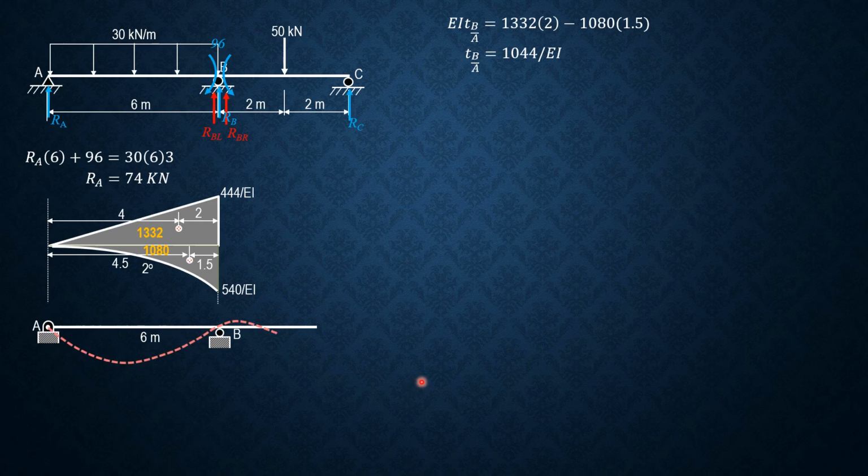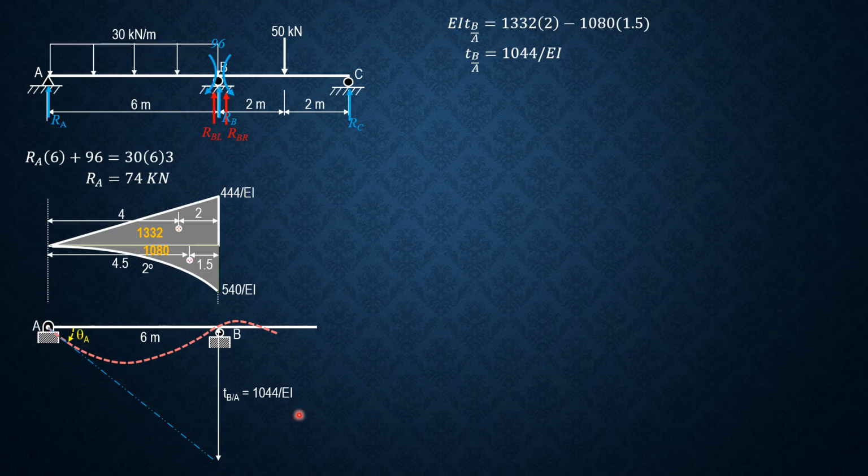Since it is positive, the point B on the elastic curve is above the reference tangent at A. So let's now draw the exaggerated elastic curve of the beam portion AB. We draw the tangent, so point B on the elastic curve is above the reference tangent at A. So this is the deviation of B relative to A, which is equal to 1044 over EI, and this is theta A. Since the tangent at A is rotated clockwise from the horizontal axis of the beam, and clockwise rotation is negative, therefore theta A is negative.